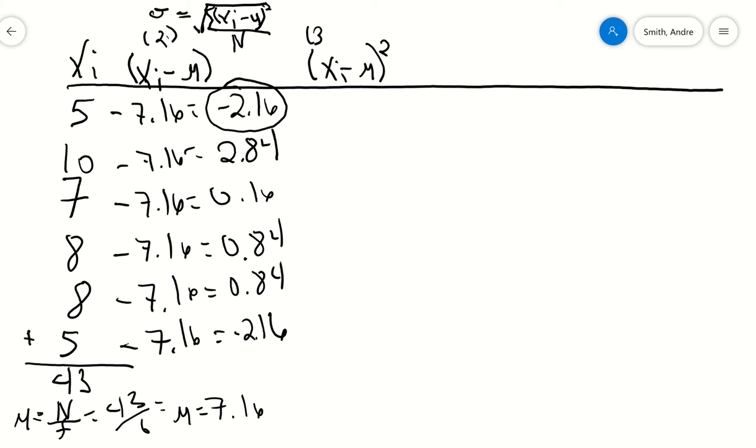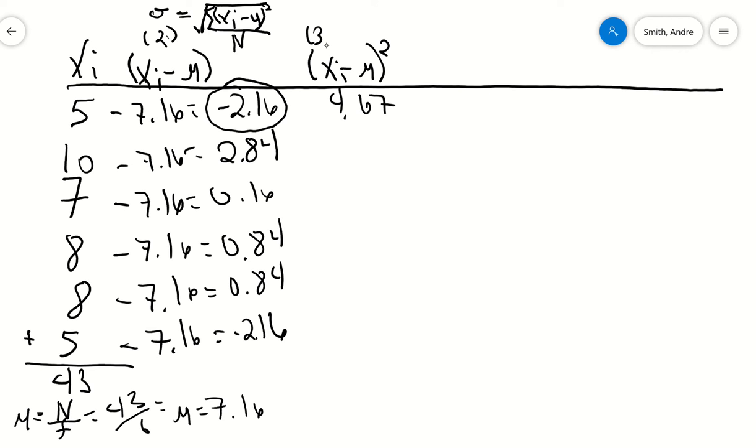Remember basic math rules. If we multiply a negative by a negative, we get a positive. So if we square something, we can never have a negative outcome. So negative 2.16 times negative 2.16 equals positive 4.67.